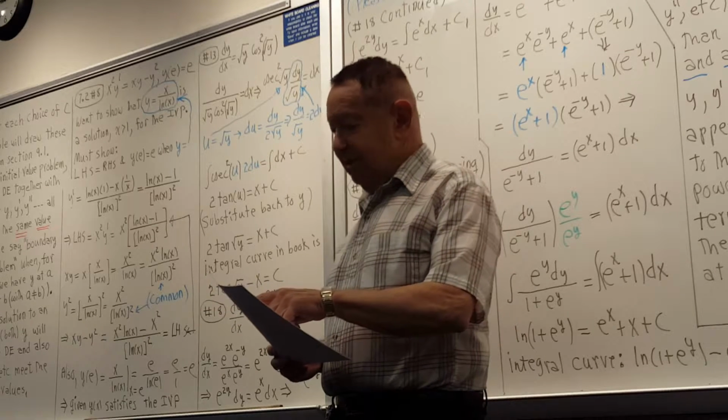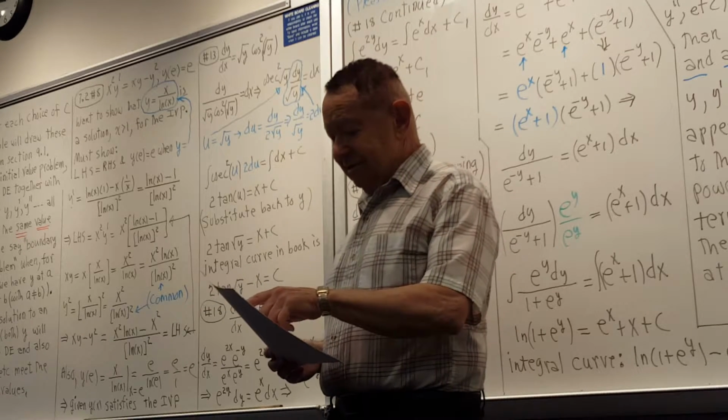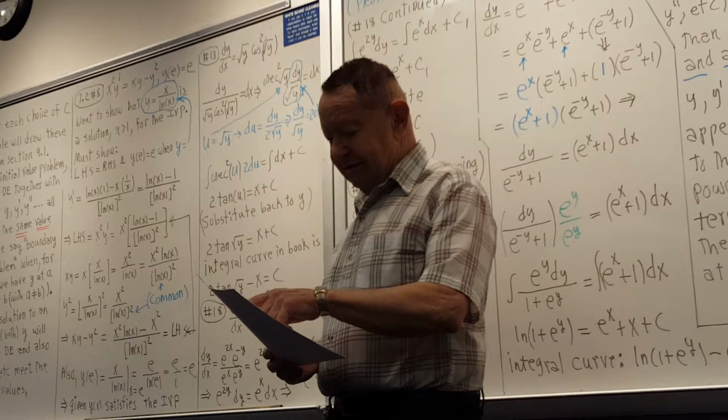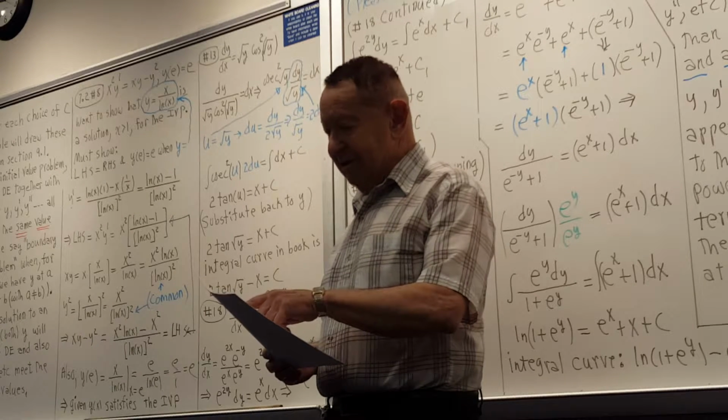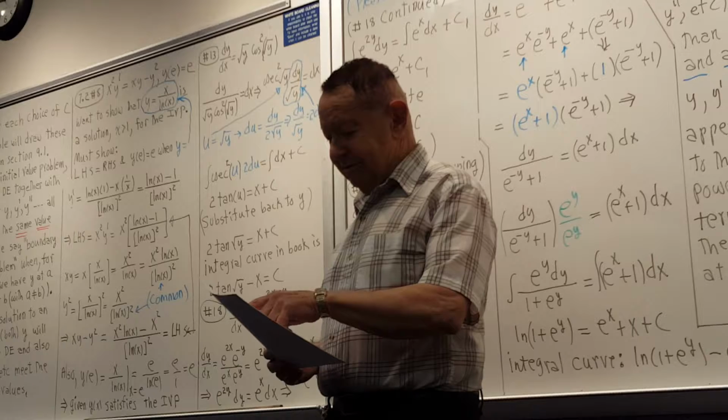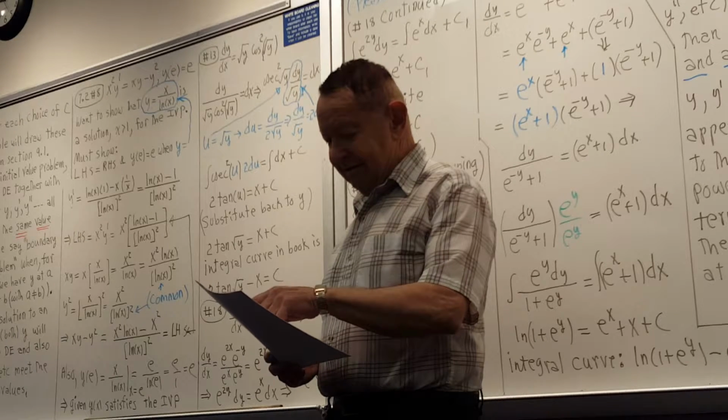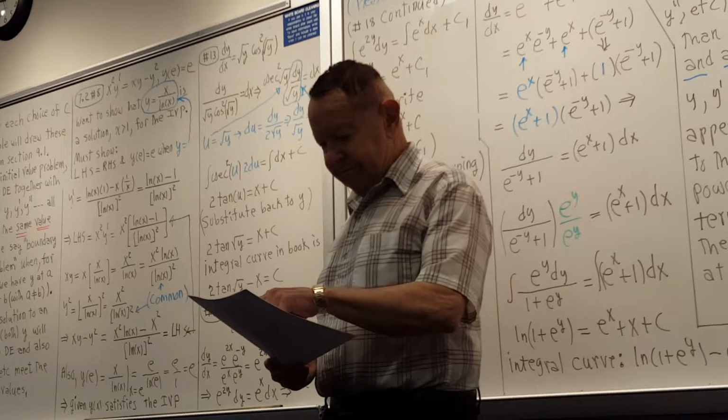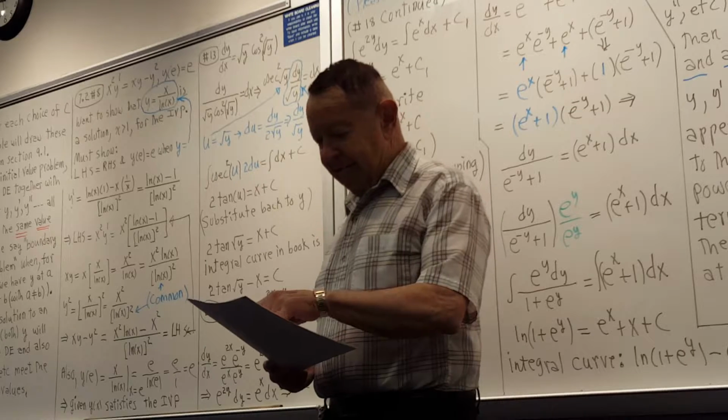Notice that the way Maple writes its constant is with the underscore and the big letter C, and then the 1 there.